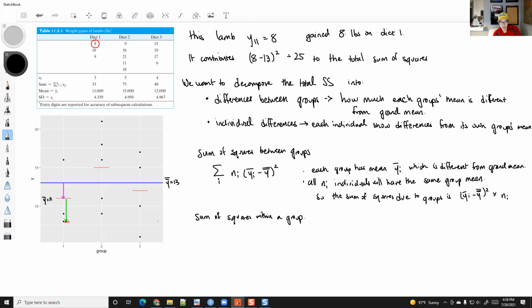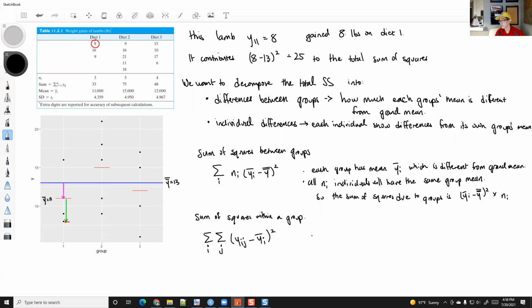Here we're going to do this basically for all individuals, within each group, and for all groups. We take each individual value, subtract off its own group mean, and square it.